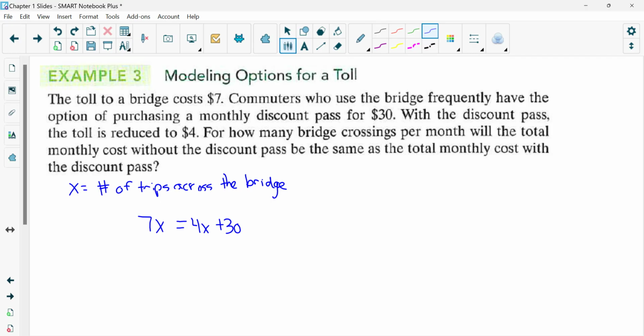So again, the hard part is coming up with the equation. The easy part is solving, because all we have to do now is subtract 4x and then divide by 3. So x equals 10. What does that mean? x is the number of trips. So after 10 trips across the bridge, the cost would be the same.